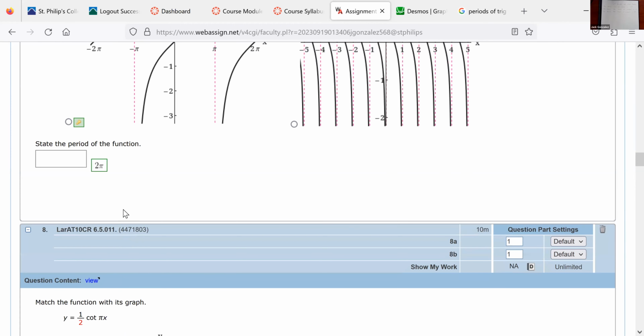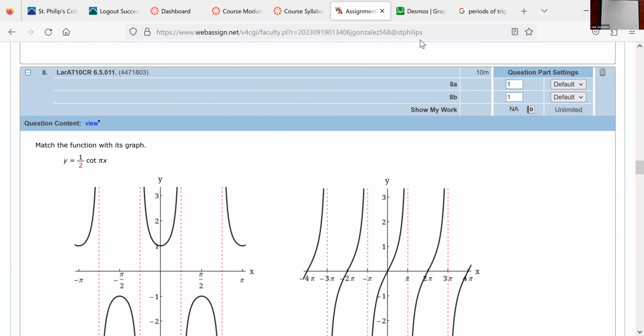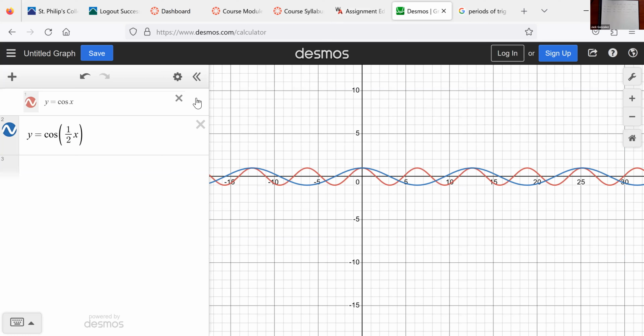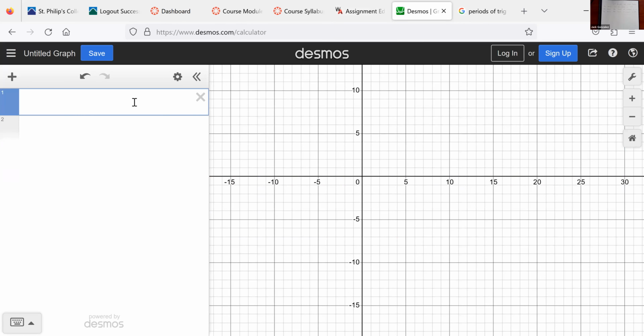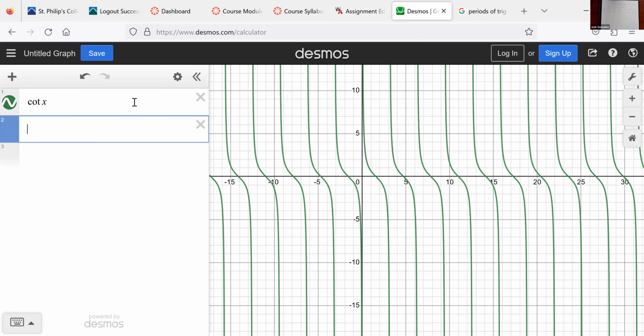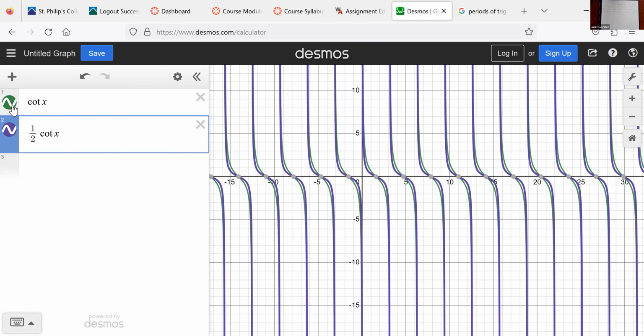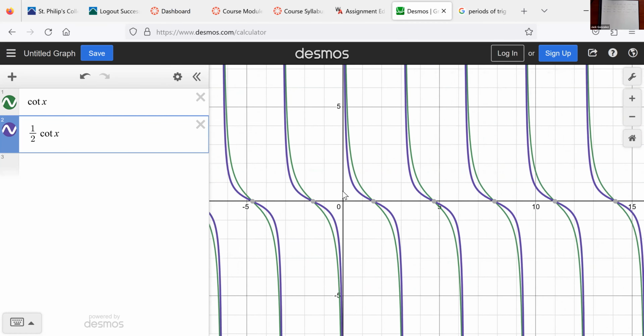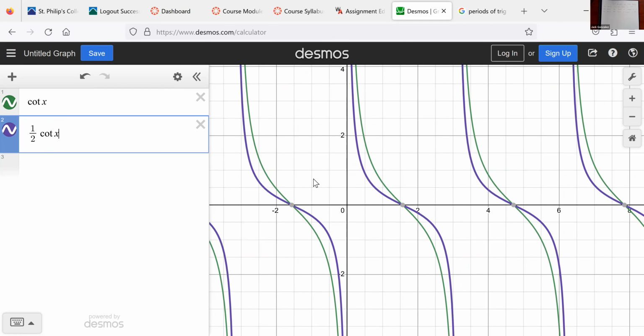So let's look at the graph here. So if we have 1/2 cotan x, kind of hard to see, zoom in. I barely can even tell if it's stretched.